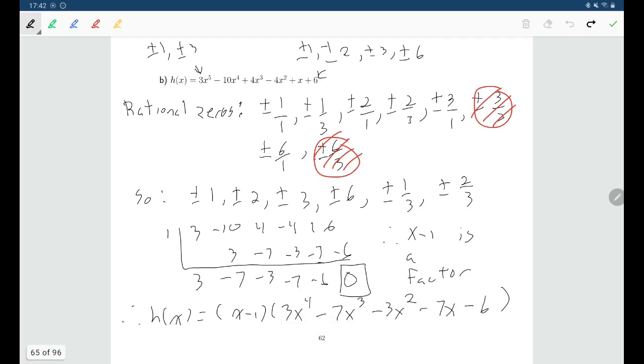So just because we've confirmed that 1 was a zero doesn't mean that we can stop checking it. It might be a repeated zero. It might have multiplicity more than 1. So that might be something that we'll want to do on the next slide. So let's do that. Let's check to see whether 1 is a zero of what's left over.